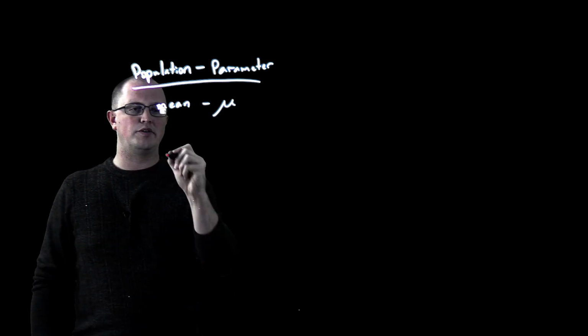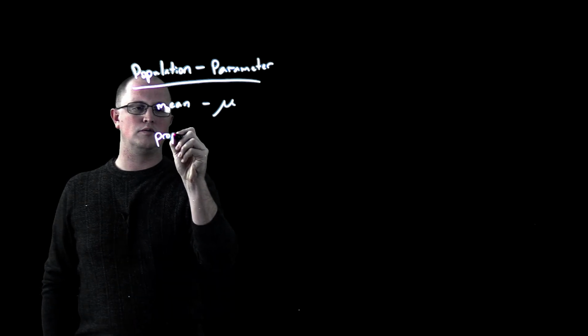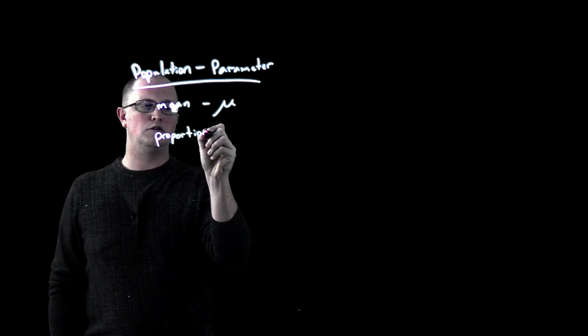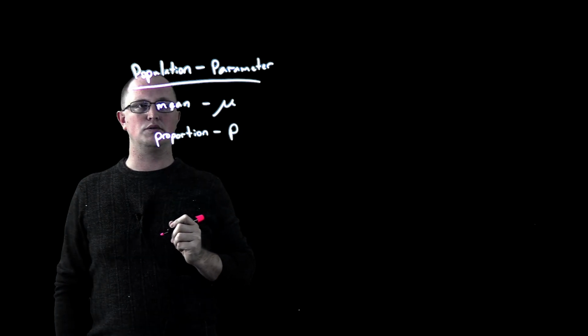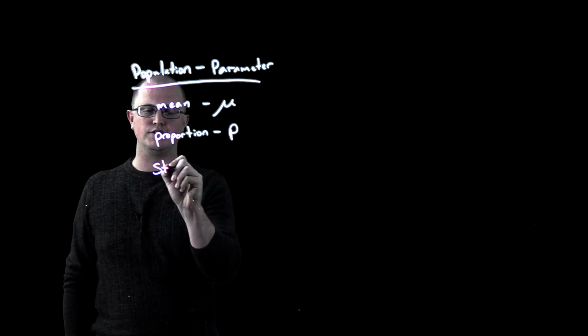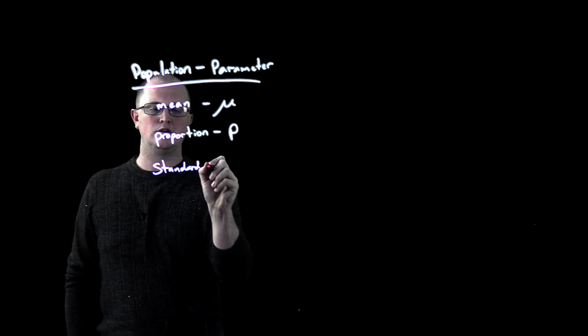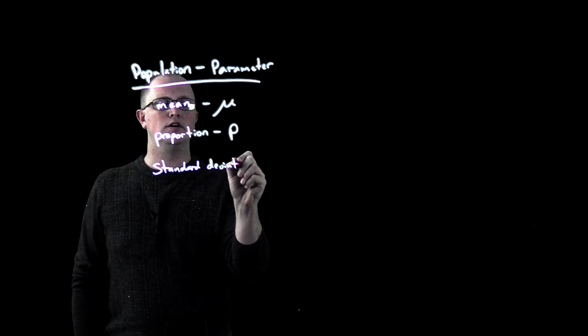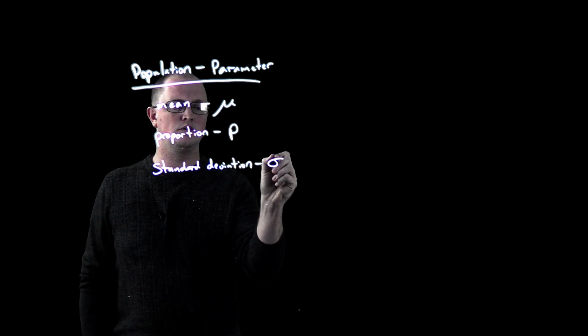If we want to talk about the population proportion, we use a p to represent that. And if we want to talk about the standard deviation of a population, we'll use sigma.